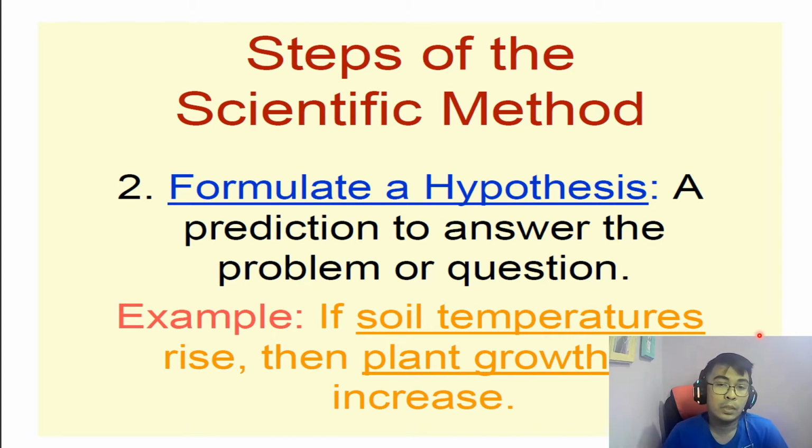So you know the meaning already. A hypothesis is an educated guess to basically answer a problem or question. An example of a hypothesis is given below. If soil temperatures rise, then plant growth will increase. That statement is an example of a hypothesis.